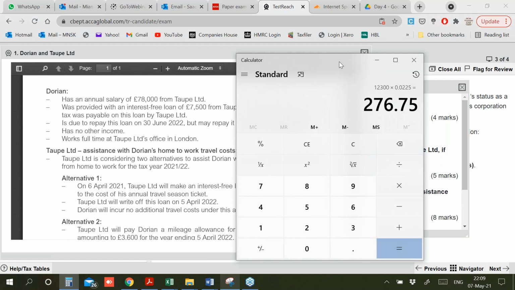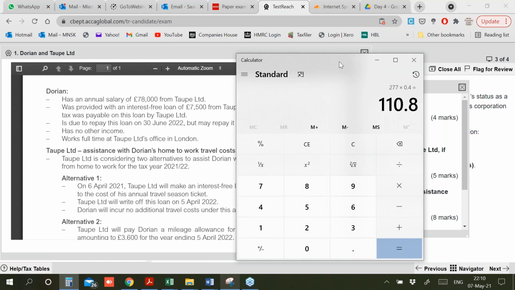On 276 or 277, if we want to be precise, 40% tax will be payable. So because of this, 1110 or 111 will be the income tax addition to D's liability. Again, try to understand what is happening here. Before, he had already received a loan from the company of 7,500, which was less than the exempt amount, so no taxable benefit.